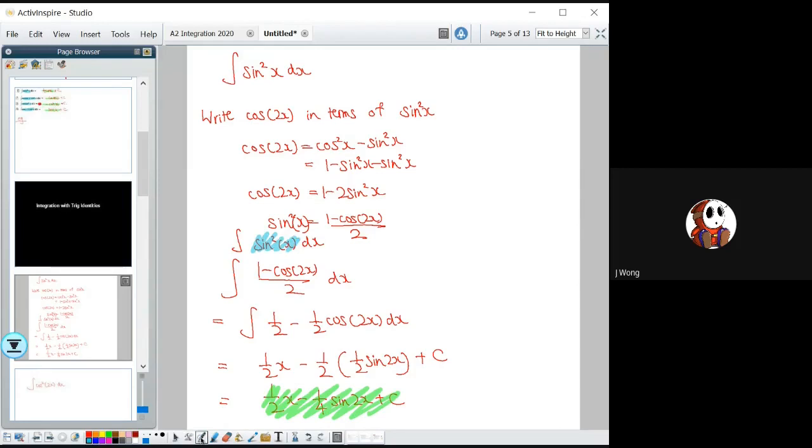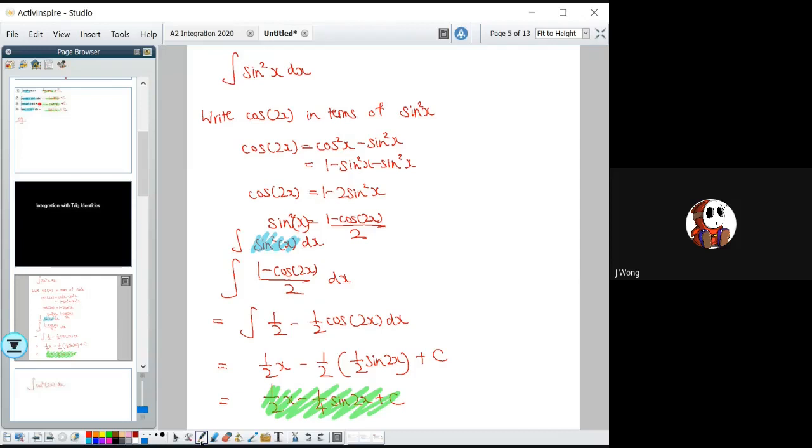And it would take us a long way to even know the outcome without doing any manipulation first. So that's why you will need to use formulas to rearrange first, and then tackle the problem from there. Okay, so that's the example with the integral of sine squared x.